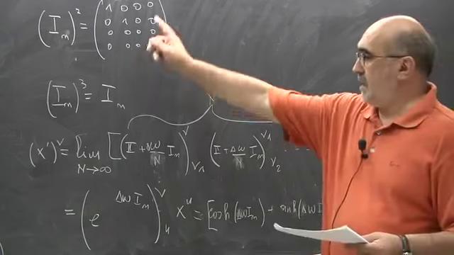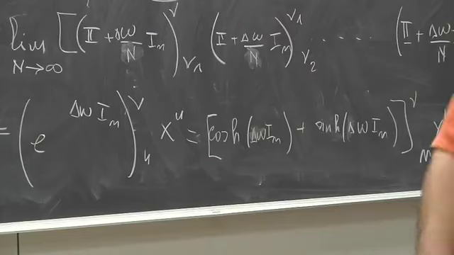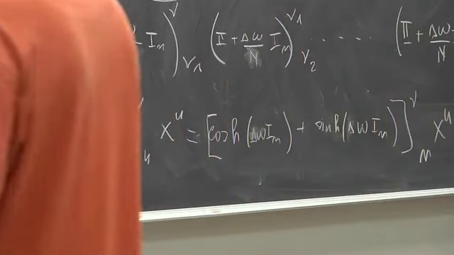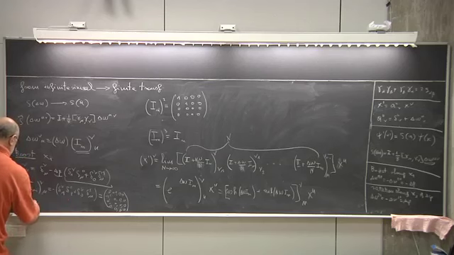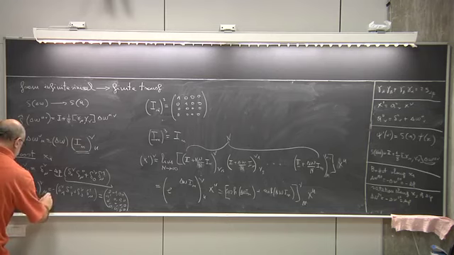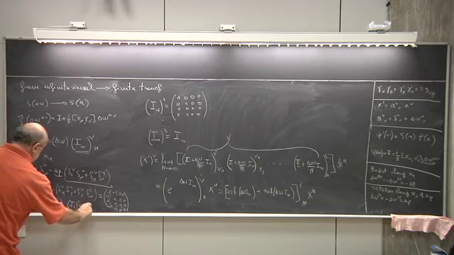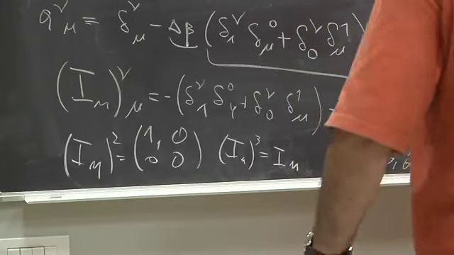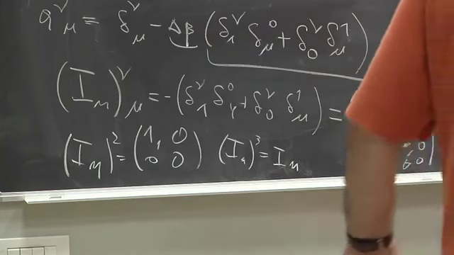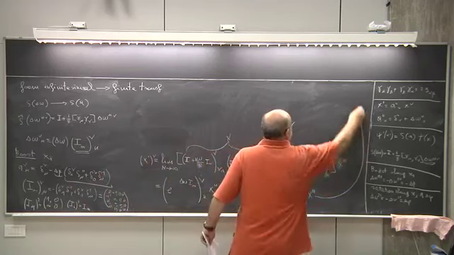But now we know this feature, and here it is easy to see the following. Let's remember these things, that In square is 1, 1, all the rest is 0, and that In cube is equal to In. Then now let's expand these. So let's go here.